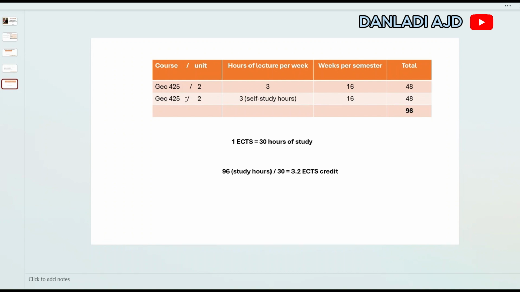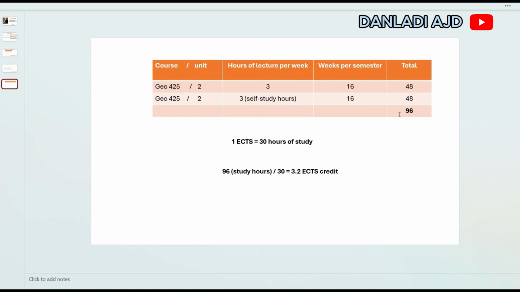Now, in order to get the ECTS for this Geo 425, we know that, as I've showed you in a table, for countries like France and Germany, the hours of study for one ECTS is equivalent to 30 hours. Now, let's say he's applying to a university in Germany or in France.